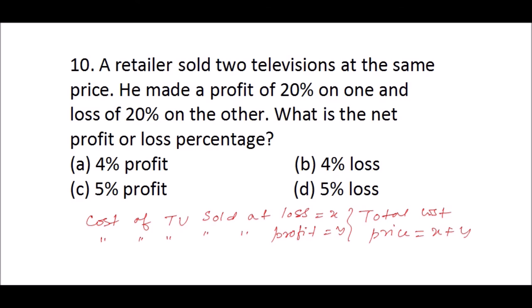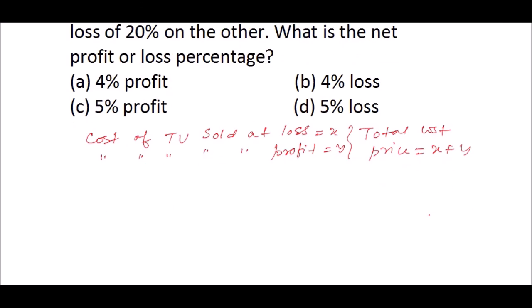Now, both the televisions were sold at the same price. Therefore, the one sold at a loss is sold at 80%, because he incurred a 20% loss. 20% loss means 80% of the cost price is the selling price.